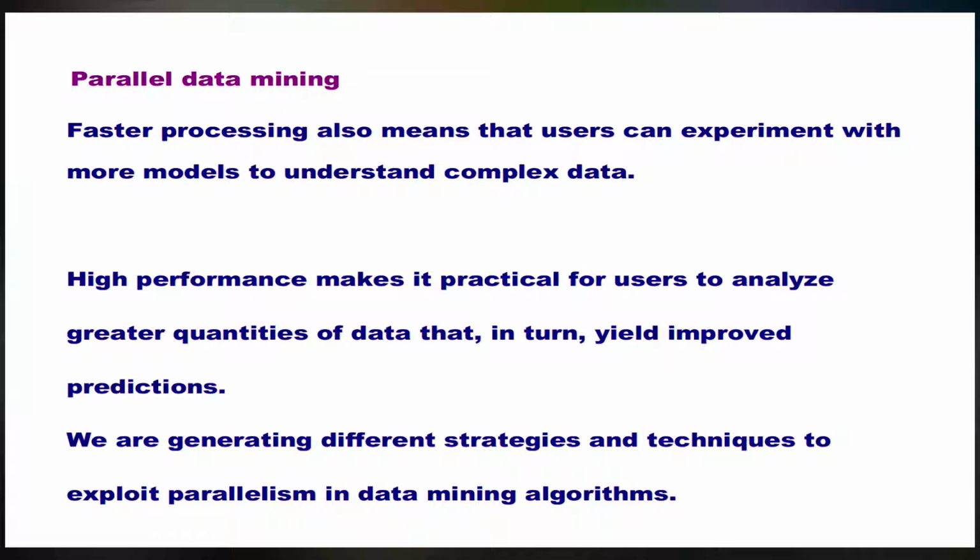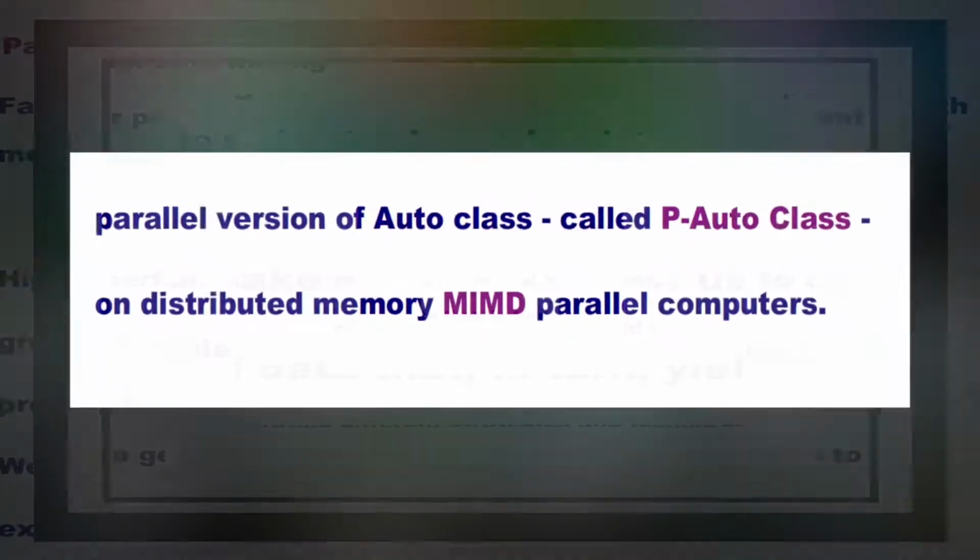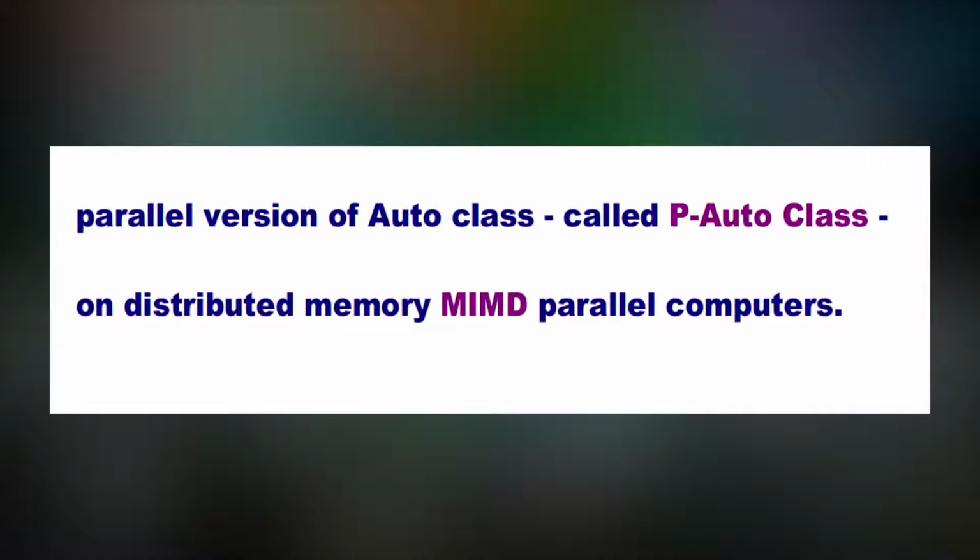So, here we are generating different strategies and techniques to exploit parallelism in data mining algorithms. In particular, we have designed and implemented a parallel version of AutoClass, that is called P-AutoClass, on distributed memory, that is MIMD parallel computers.